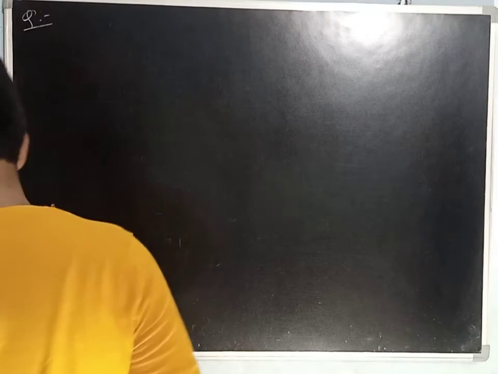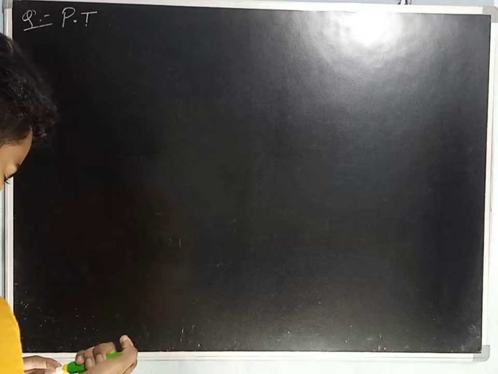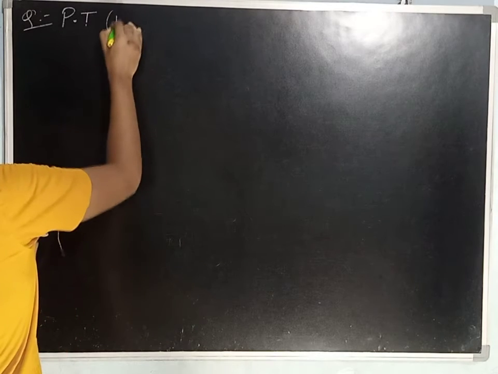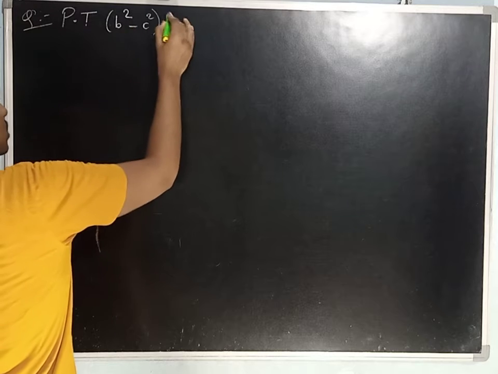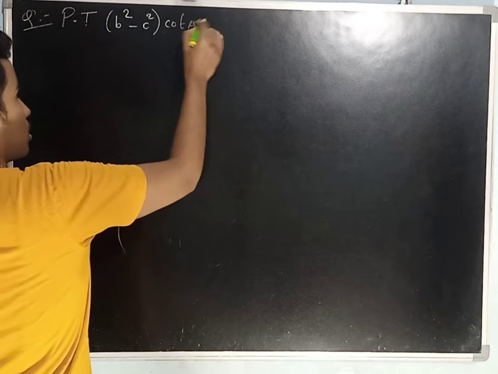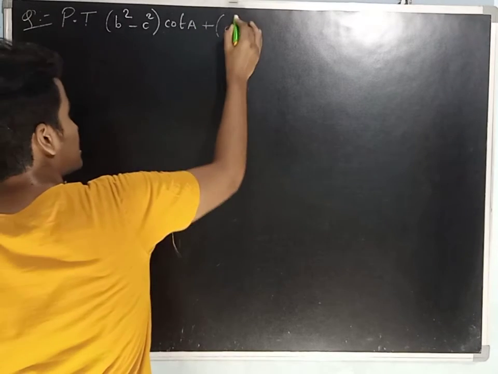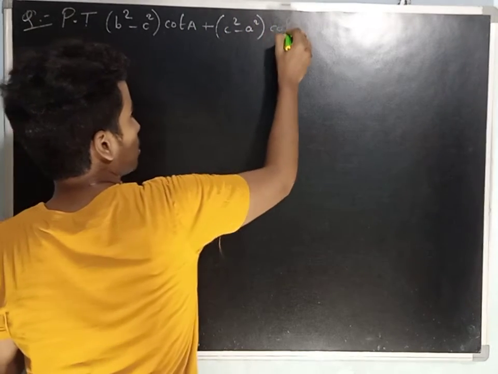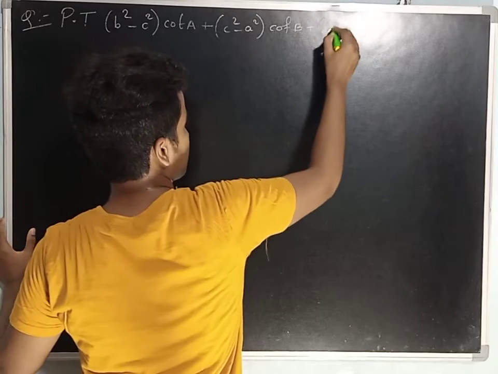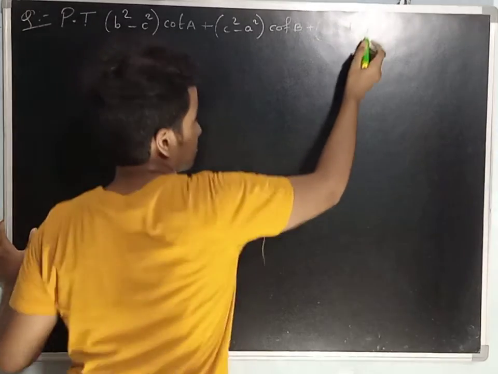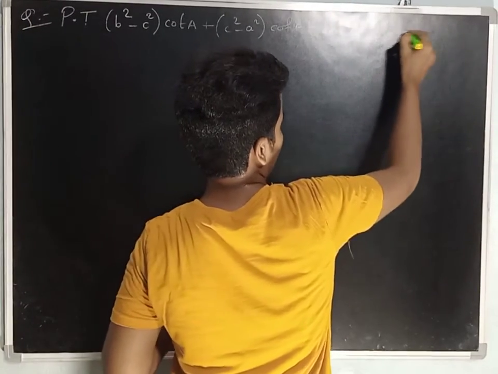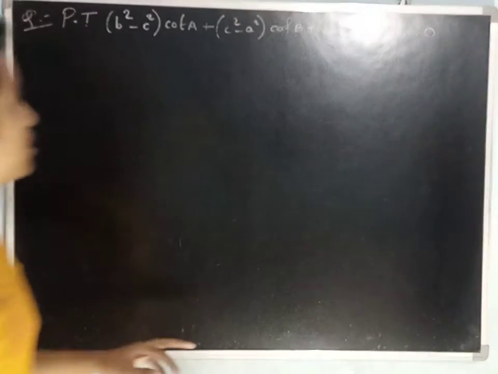Question: prove that b square minus c square into cot A plus c square minus a square into cot B plus a square minus b square into cot C is equal to 0.